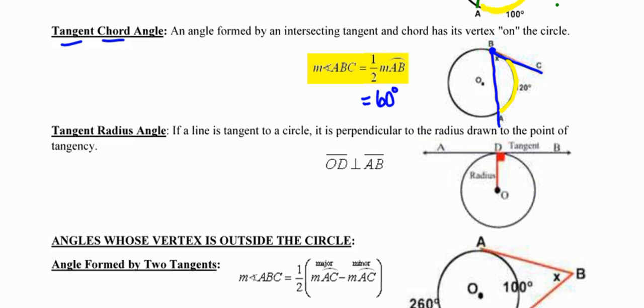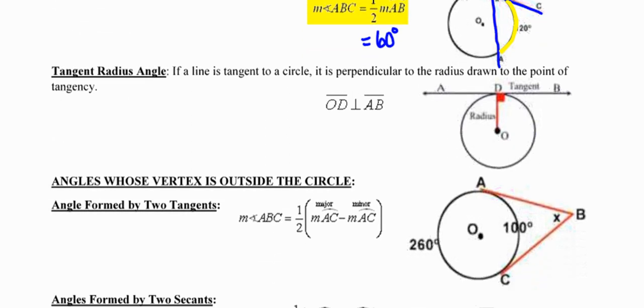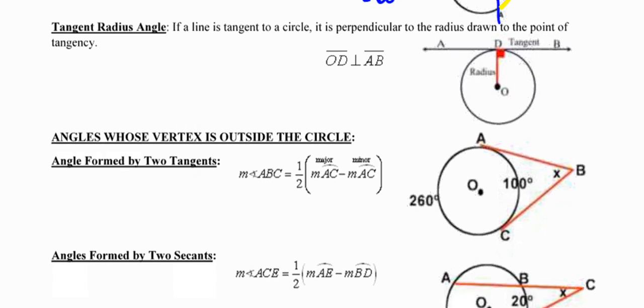And again, notice that the vertex is on the circle. The angle that's formed by a tangent and a radius, well, here's the tangent, here's the radius. Notice that its degree measure is always 90 degrees.